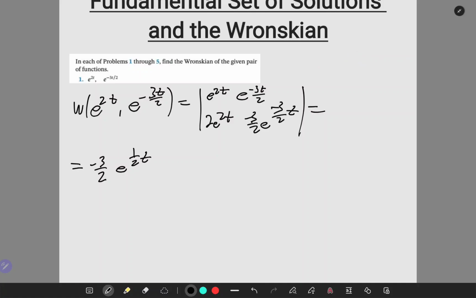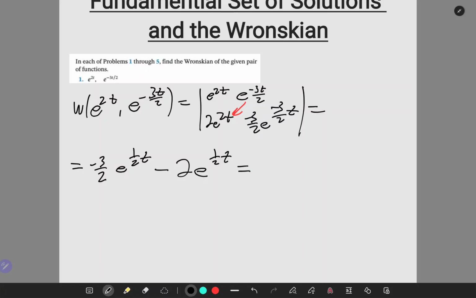And then we subtract the multiplication of these two. So then we have minus 2e to the, once again, 2 minus 3 over 2 is 1/2 t.